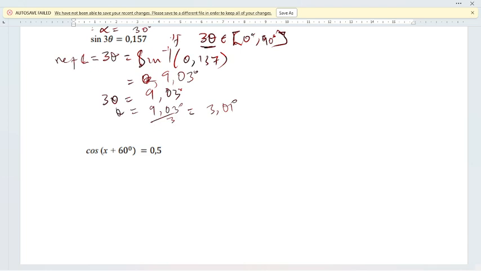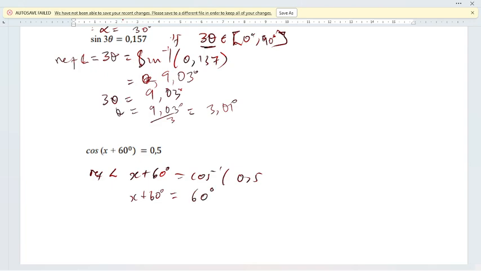Then I must conclude. How do I conclude? I'll say the reference angle, because I need to remove the cos. So x plus 60 degrees equals the second function of cos of 0,5. Now, what is the reference angle?